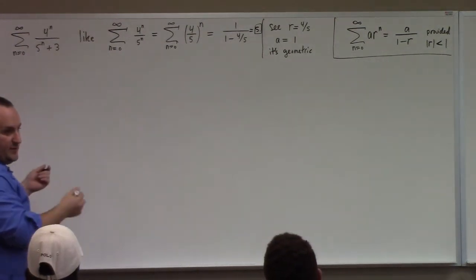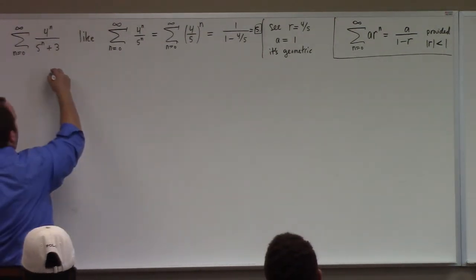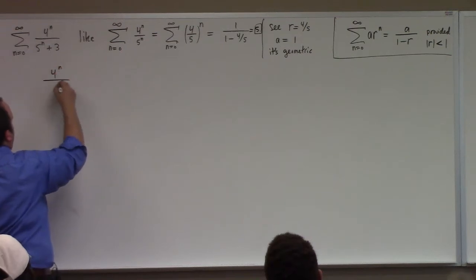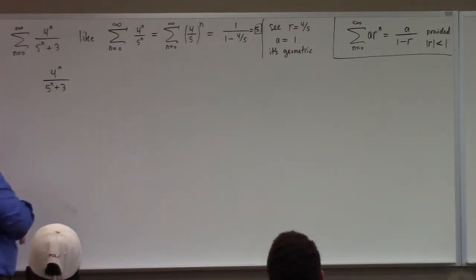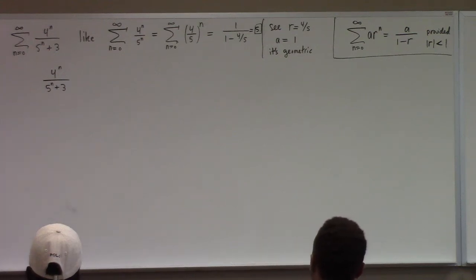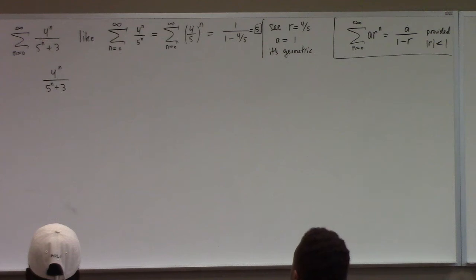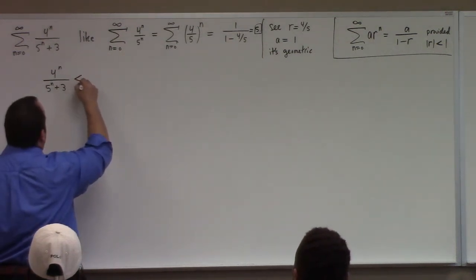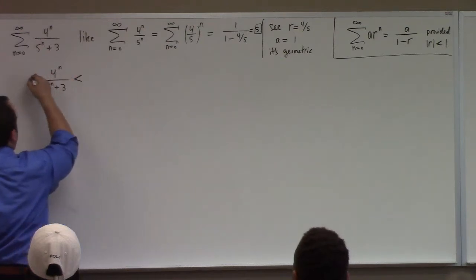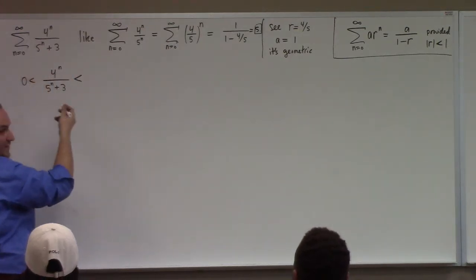Then can we do direct comparison? If we take 4 to the n, to use direct comparison, what do we need? I thought you need something bigger, right? So is this less than? Certainly 0 is down here, definitely positive.